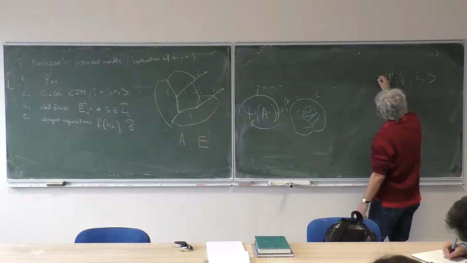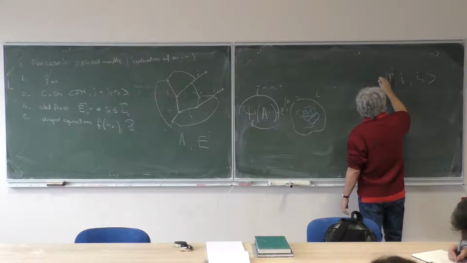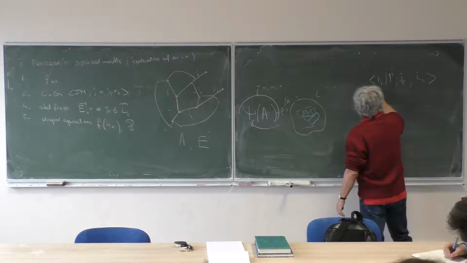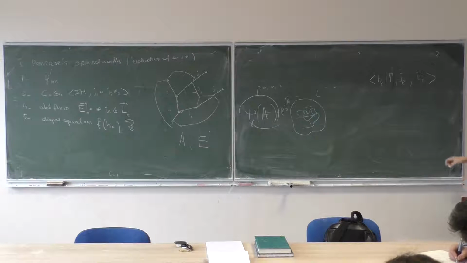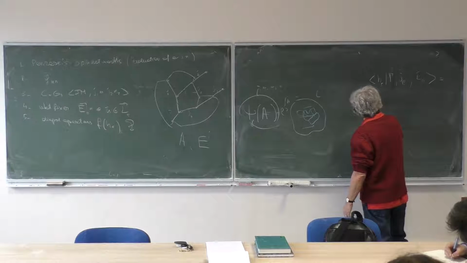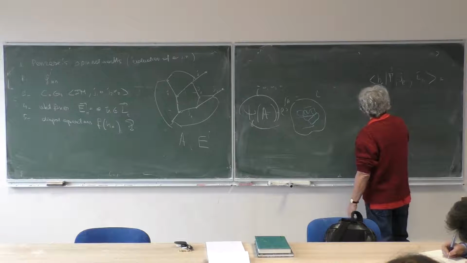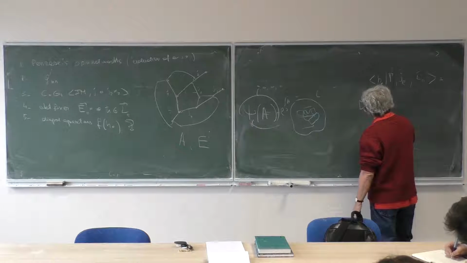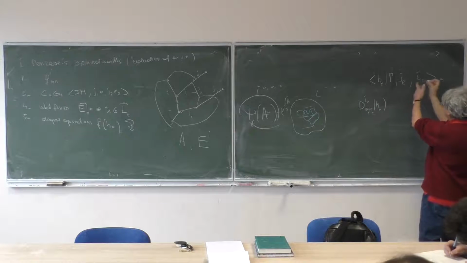But these are elements of a Hilbert space, which, for instance, in the basis of the group elements, we know exactly how to write down. This is a bunch of D^j_{mn} of h_l, many of these contracted with all these intertwiners.